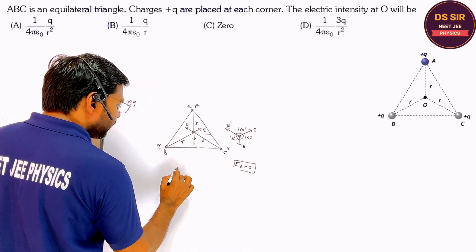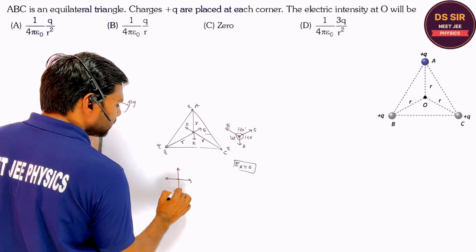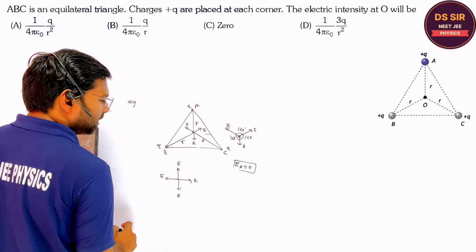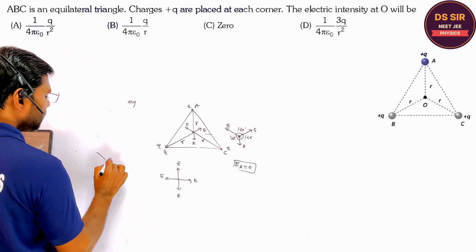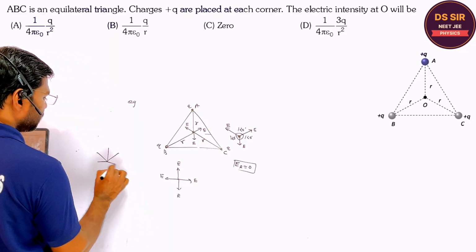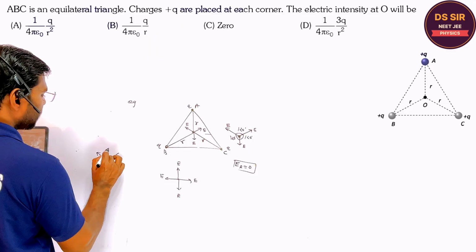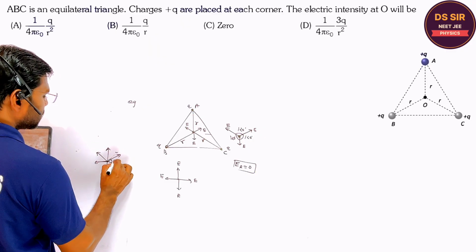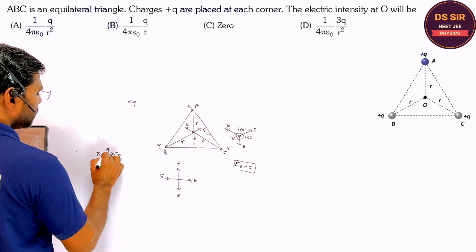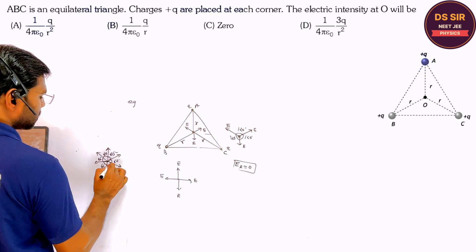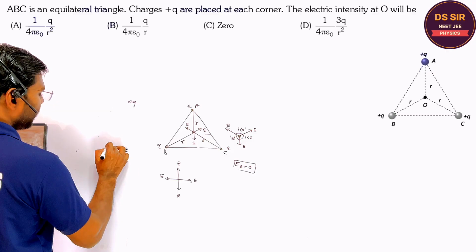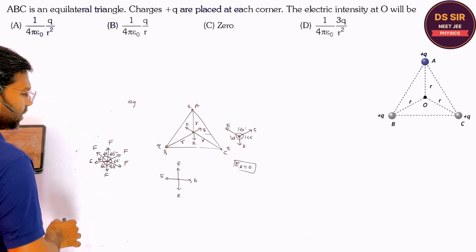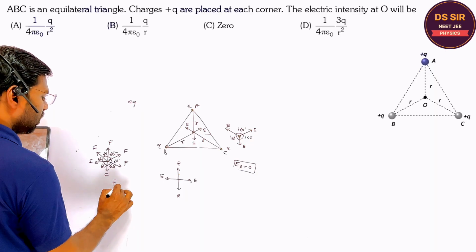Similarly, if 6 vectors are acting at 60 degree each, then the resultant force will also be 0.